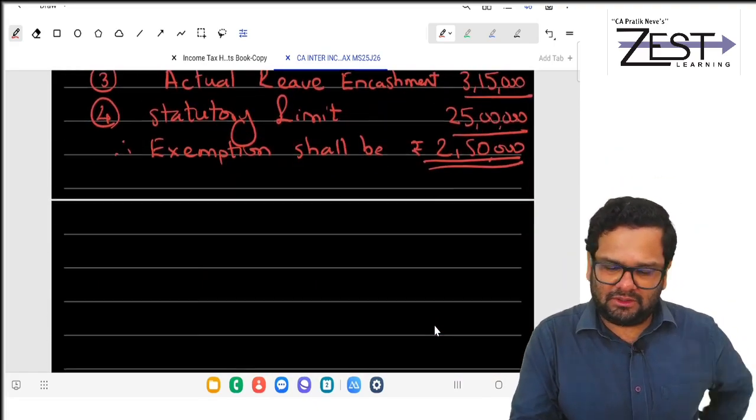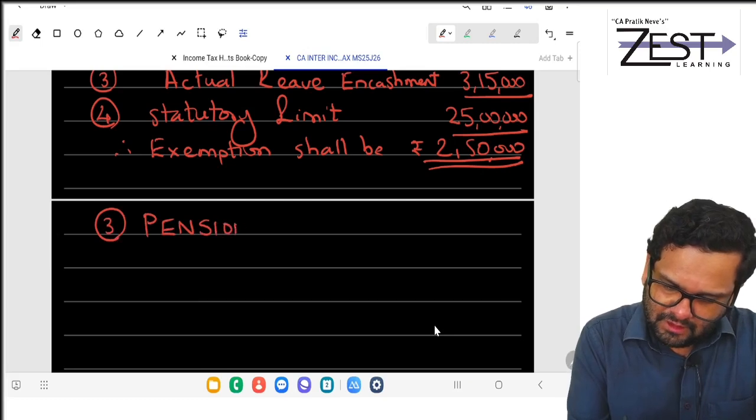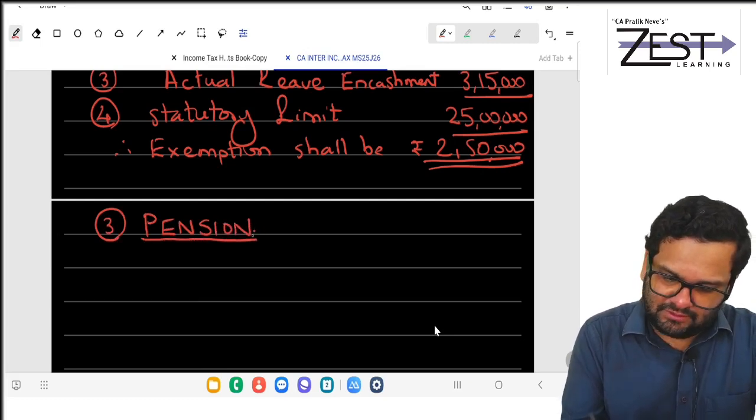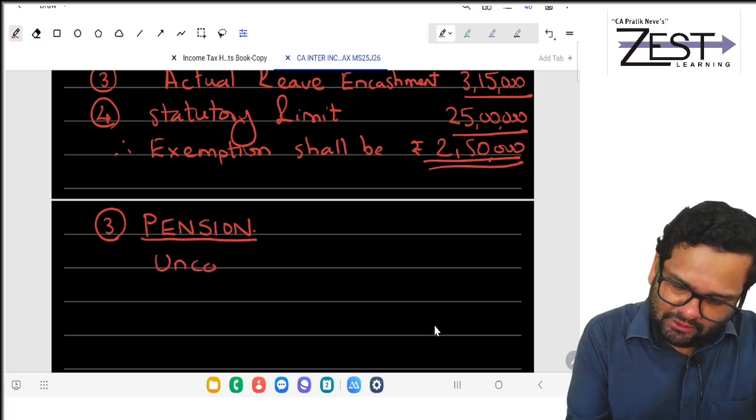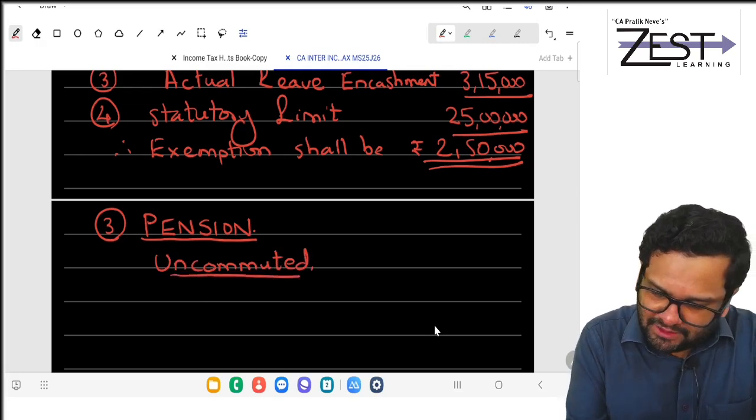This will be note number 3. Go to pension. Pension actually is uncommuted. What is the uncommuted part here?